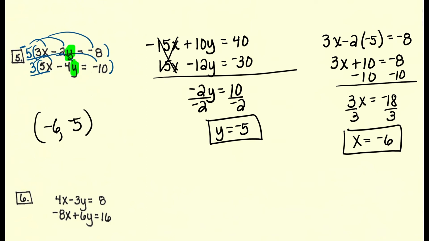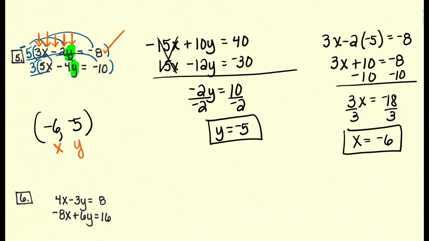I do want to talk about the fact that you can check your answers, which is really great if you're taking a quiz or a test. Here's what you do. You take the answers that you got for x and y, and you put both of them back into each equation to see if you get what you're supposed to get. What I mean is this. I have 3 times my x, which is -6, minus 2 times negative 5, equals, and sure enough, that's negative 8.